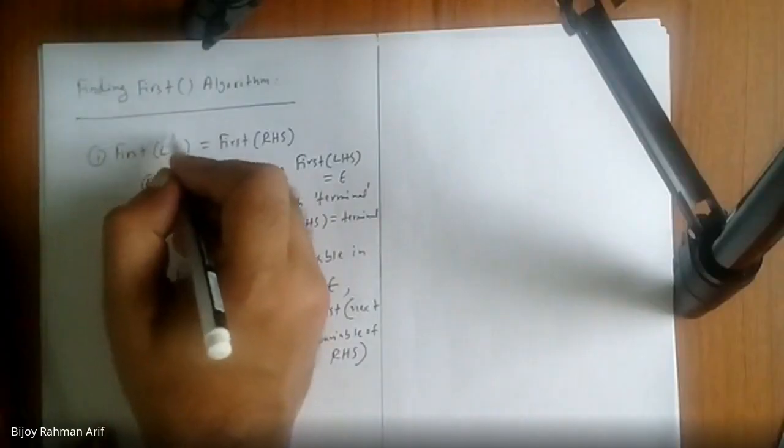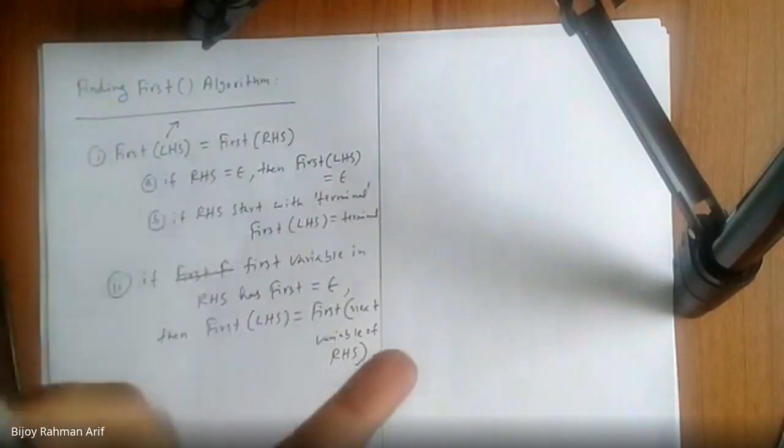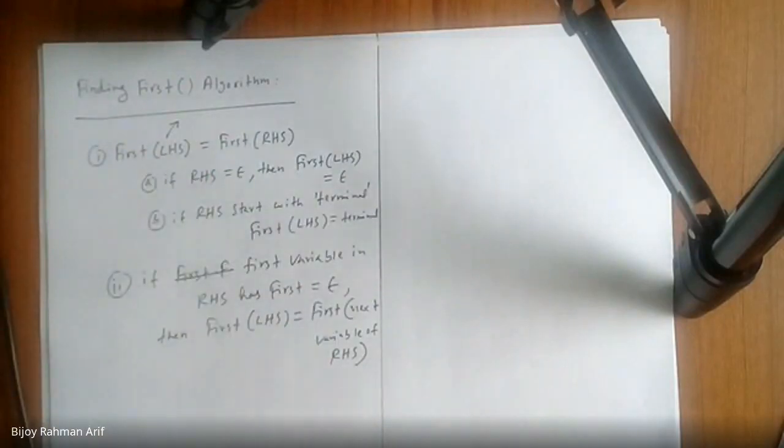Sir, what do LHS and RHS refer to here, which particular symbols? LHS is my variable. In context-free grammar, the left-hand side is always a variable. The right-hand side can be a combination of variables and terminals. Am I right or not?